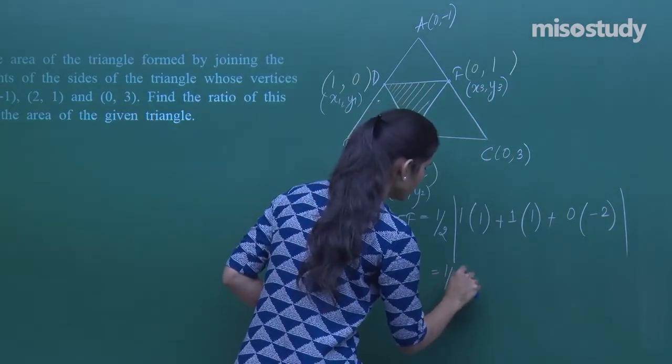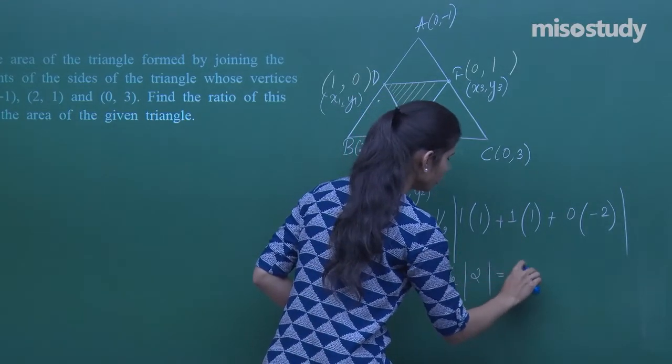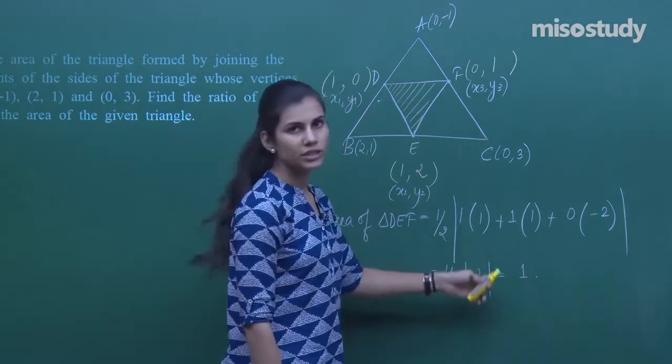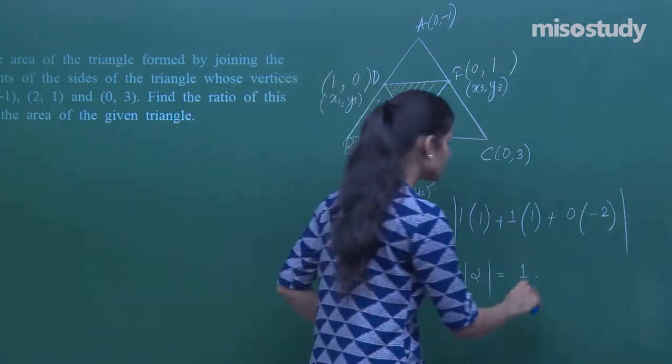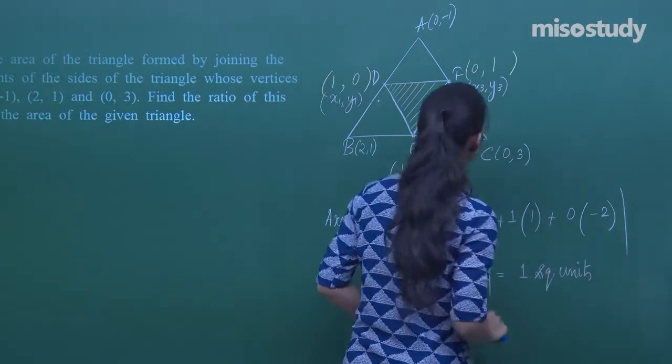So this gives you 1 by 2 mod of (1 plus 1 minus 2)... that is, 1 by 2 into 2, that is 1. So 1 square unit is the area of this small triangle.